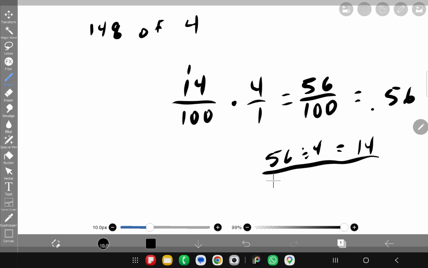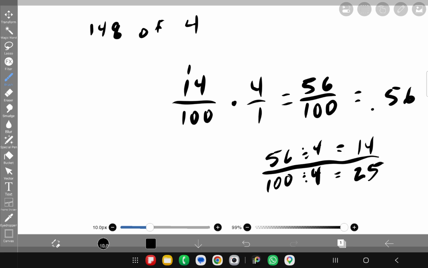Now we have the 100 divided by 4. Now 100 divided by 4 is 25. The reason we know this is 4 quarters, or 4 times 25, is $1.